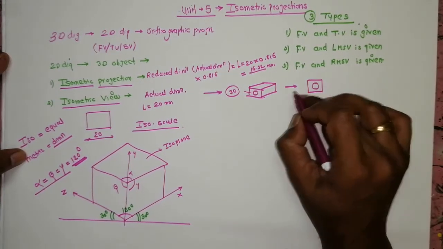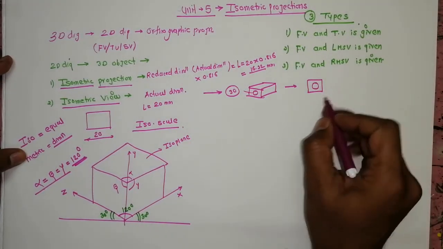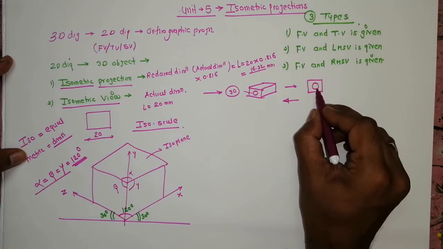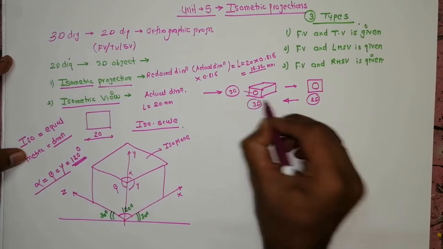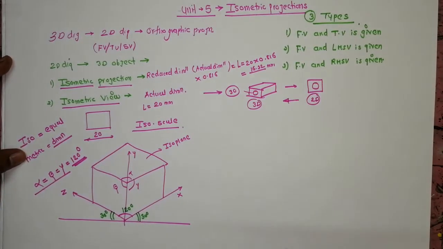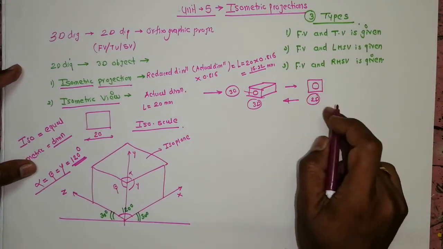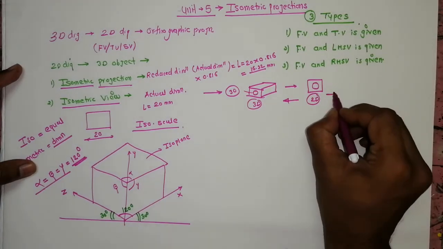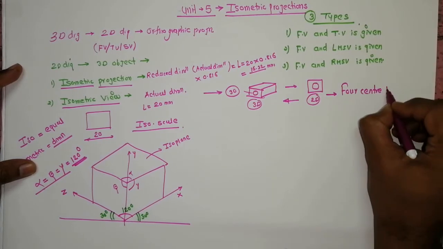So we have directly taken the dimension and constructed the circle, but that is not the case in reverse. While drawing this circle from 2D drawings into 3D, we can't directly draw that circle. So we have to use one method for drawing the circle from 2D into 3D. That method is called the four center method.